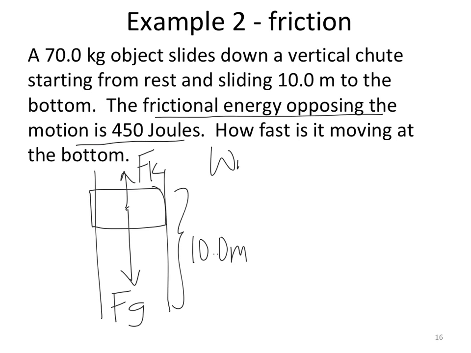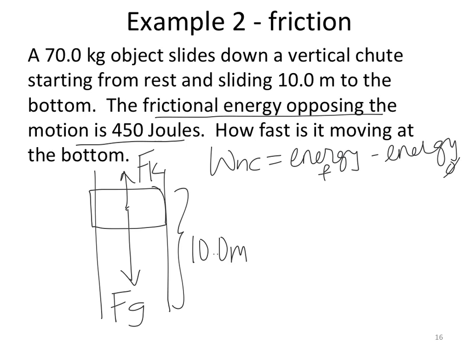So if I use the non-conservative forces as the work done by friction, and I say all of the energy final minus all of the energy initial, I should be able to find how fast it's going at the bottom. So it's at the top, it's sliding down.